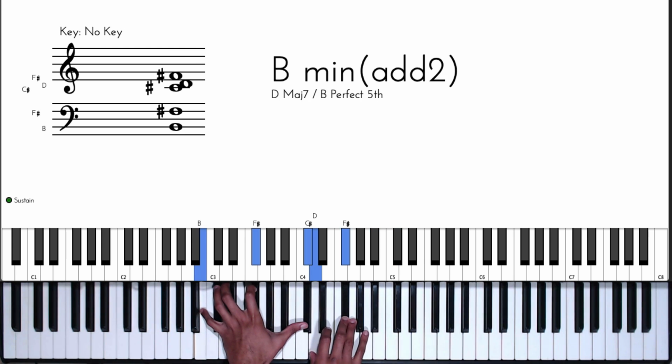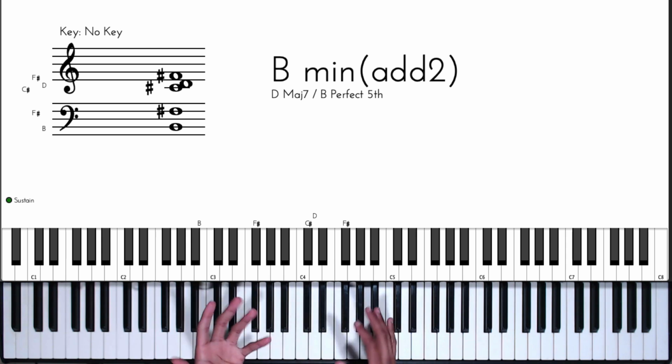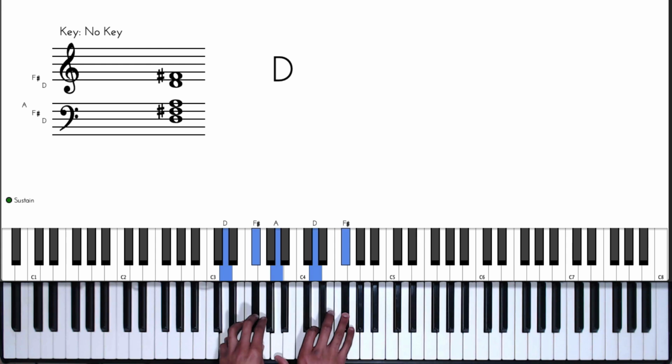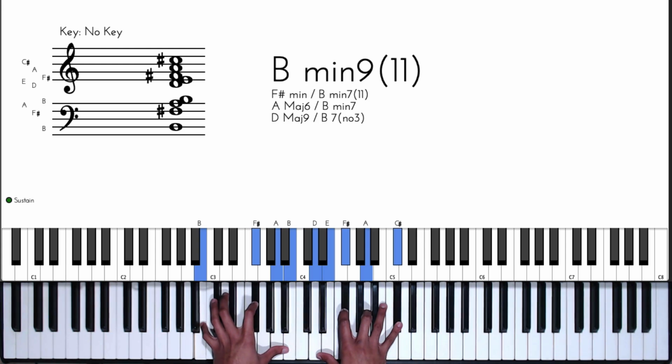Right, and that's one of the substitutions or different extensions that I like using for the 6 in this case, right? So we're playing the 1, right? And then I go to this B minor 11, right?